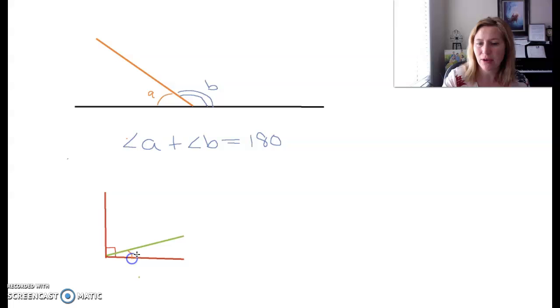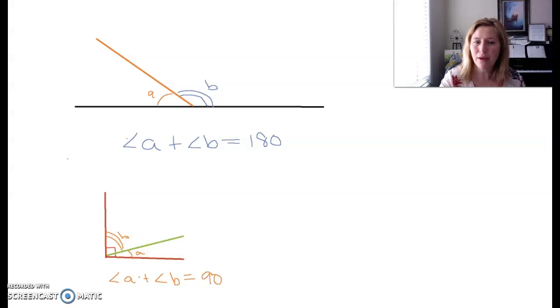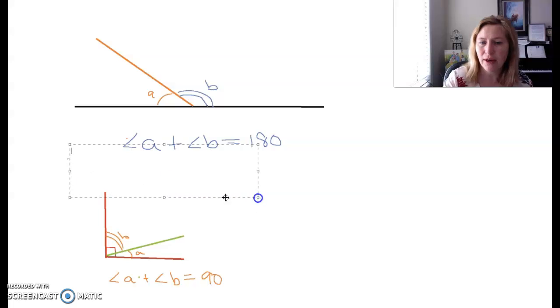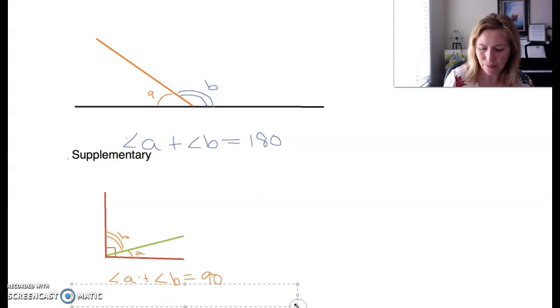So we have this angle A and this angle B, and when I combine these two, they sum to 90 degrees, or a right angle. So this one here was supplementary, and this one down here was complementary.